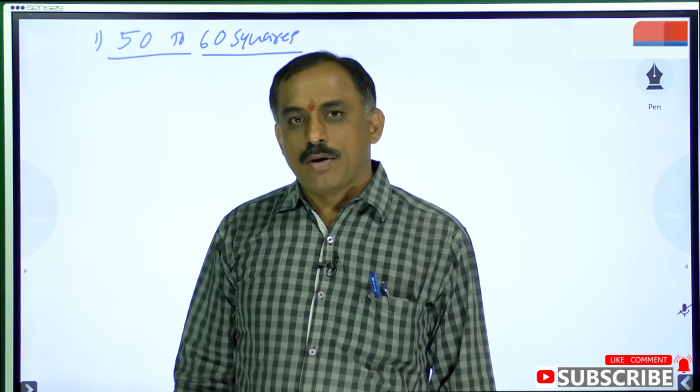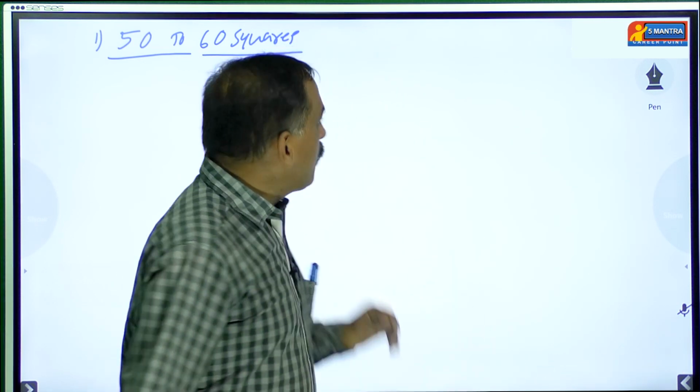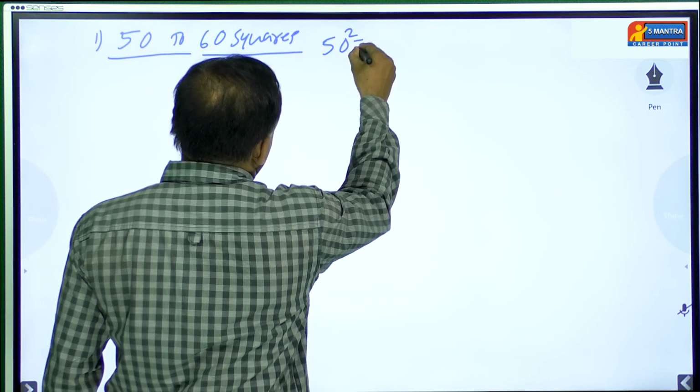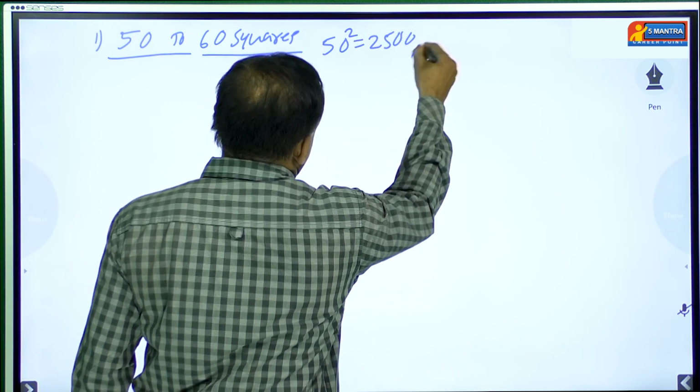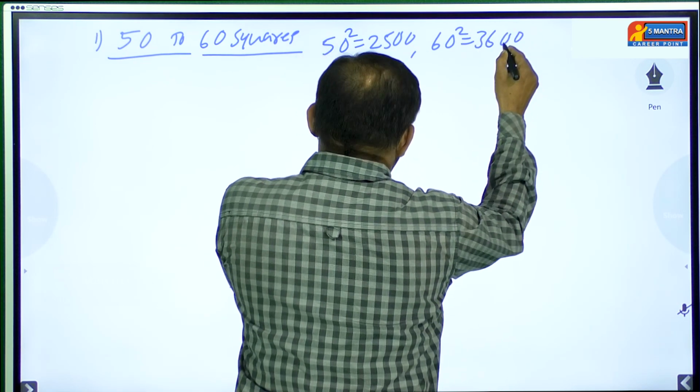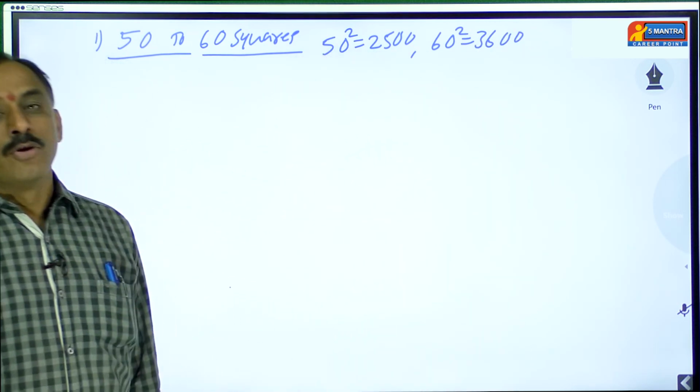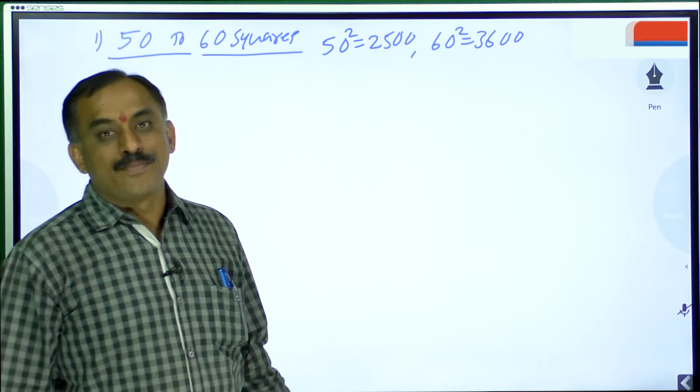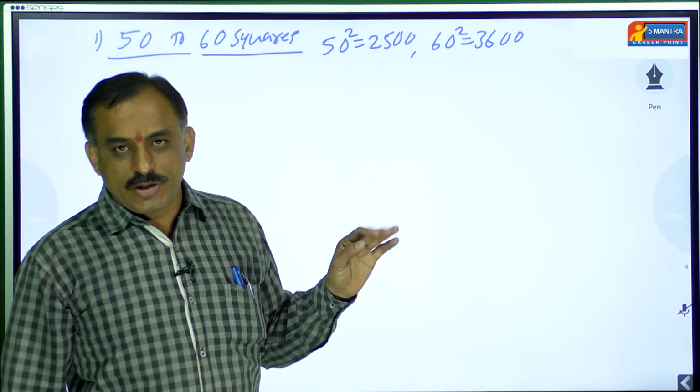And 51, 52 also. You know the 50 square: 50 square is 2500. 60 square: 6 square is 36, so 60 square is 3600.